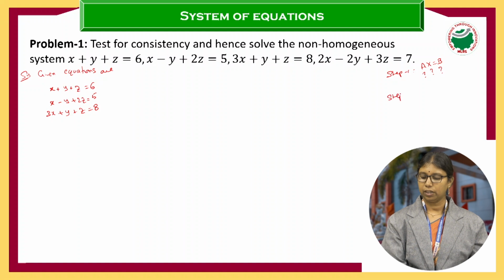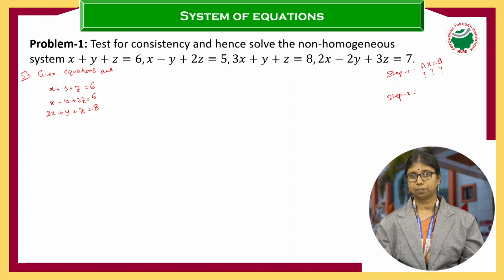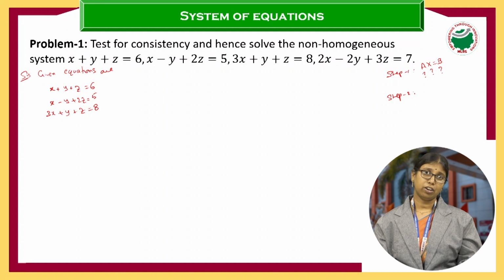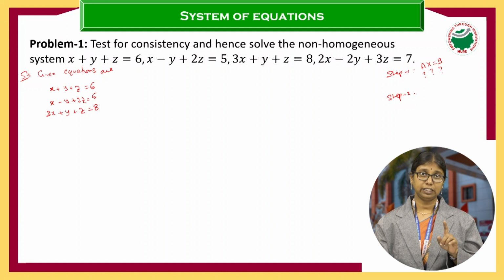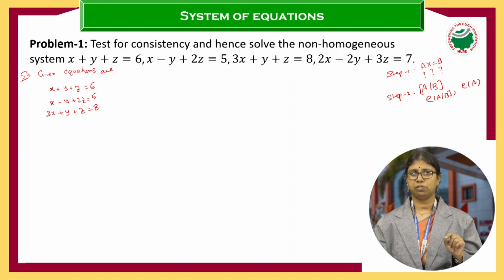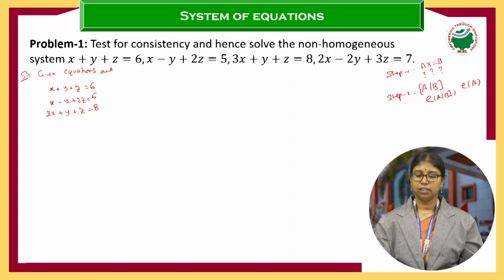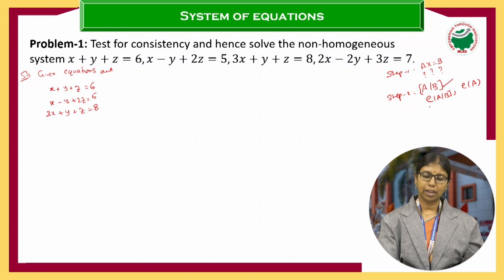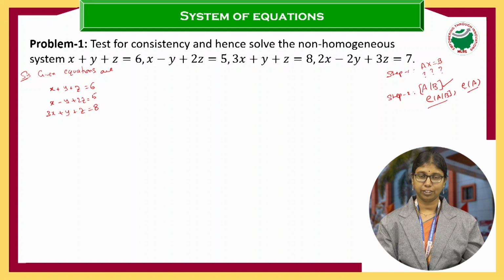Next, step 2: in a homogeneous system we calculated the rank of A. Now for a non-homogeneous system, you have to define the augmented matrix A given B, and calculate the rank of the augmented matrix and the rank of A.